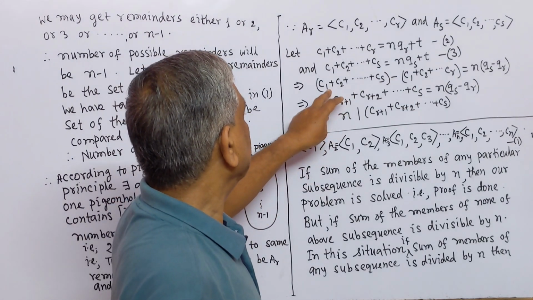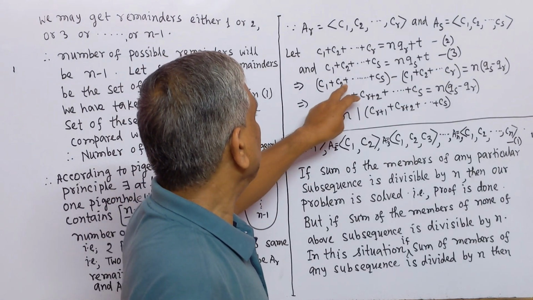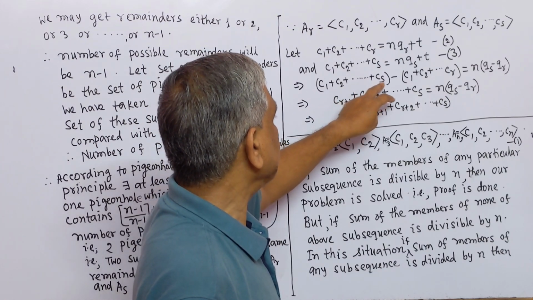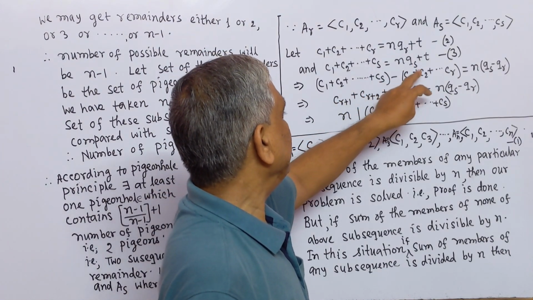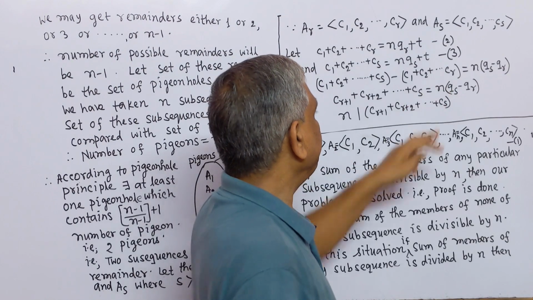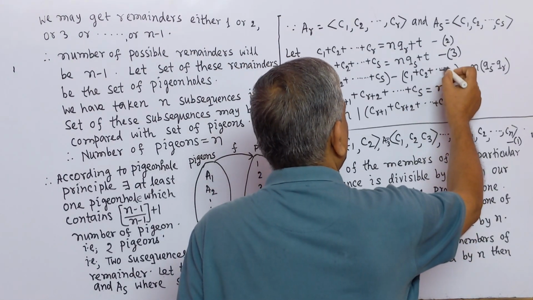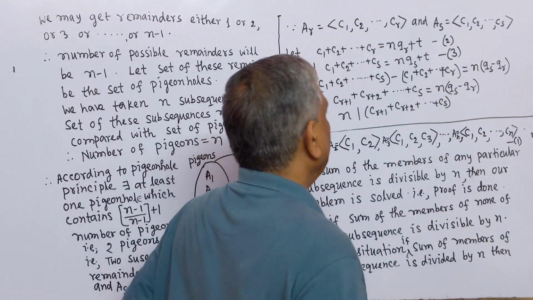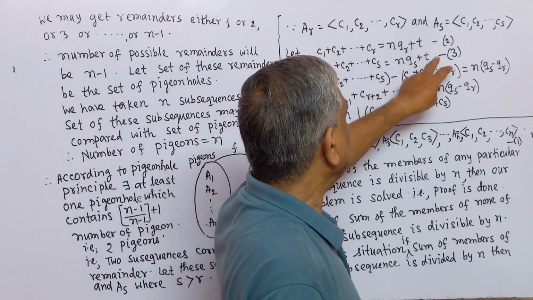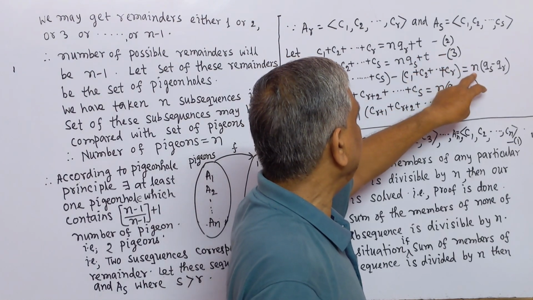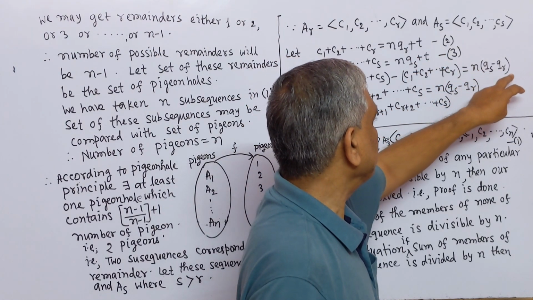We get (C1 plus C2 plus ... plus CS) minus (C1 plus C2 plus ... plus CR) on the left, and on the right T vanishes, only n multiplied by (QS minus QR) remains.